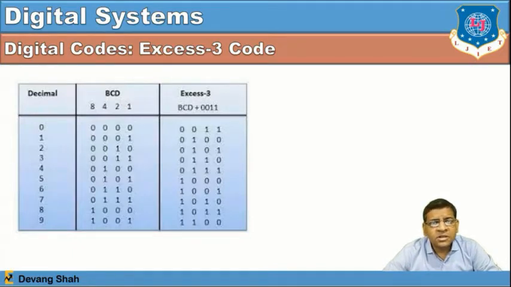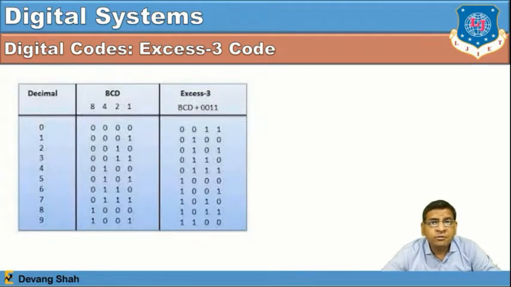So 0 plus 3, and the binary representation of that is 0011, right? So you can convert a decimal number into a BCD number and into excess 3, right? Always to a decimal digit you have to add plus 3, and then whatever number you get, you have to convert into binary form, right?